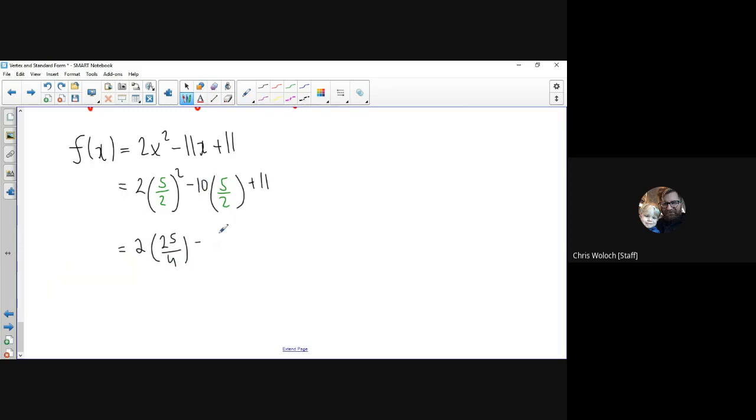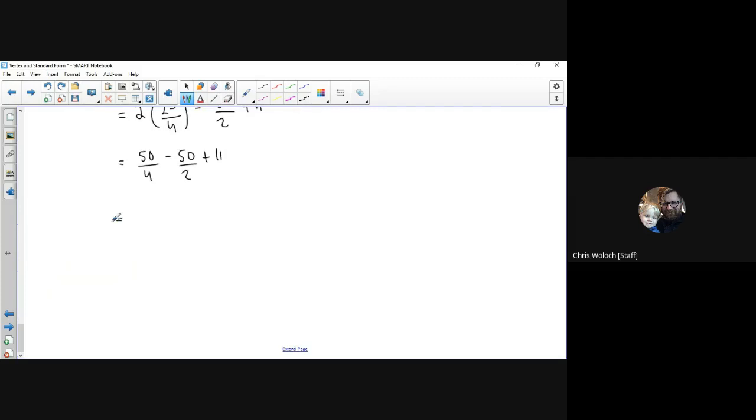So 10 times 5 is going to be 50 over 2 plus 11. And this is going to be 50 over 4 minus 50 over 2 plus 11. Now again, this one I can reduce. This will be 25 over 2 minus, well, 50 divided by 2.